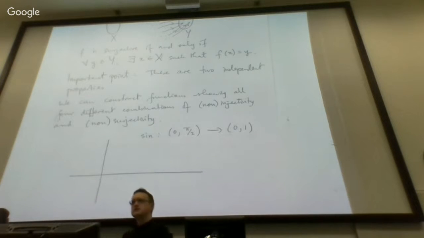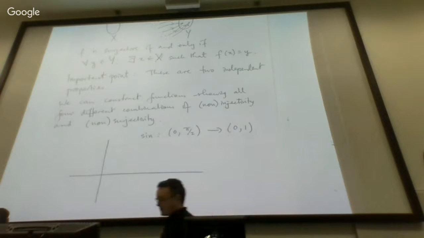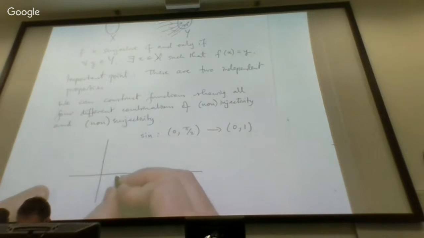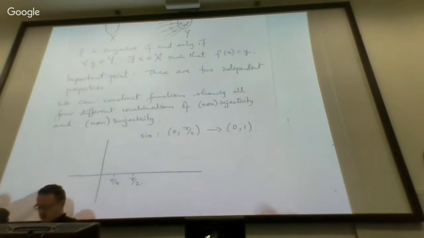So these are open intervals, so they don't include their endpoints. We got 0, we got maybe pi over 4, should show that as well, and pi over 2. So the function sine is 0 at 0, and why am I showing pi over 4?